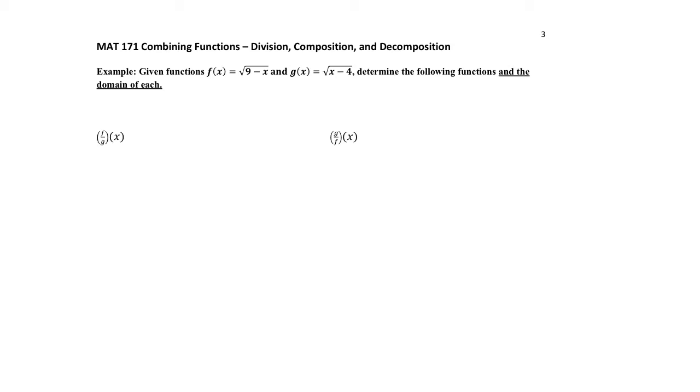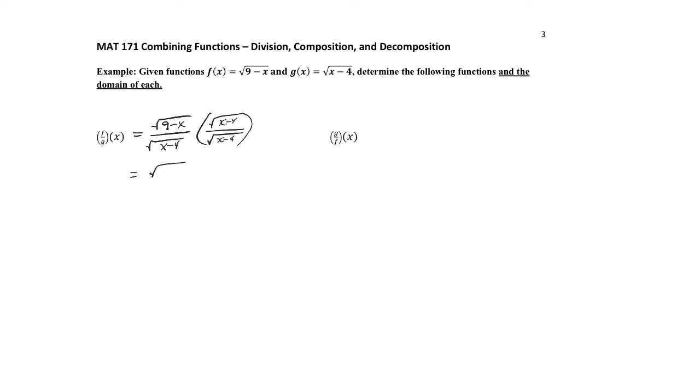So first, we're going to do f divided by g of x. So f divided by g of x is going to be equal to the square root of 9 minus x divided by g of x, which is the square root of x minus 4. Again, I'm not going to leave a radical. I need to rationalize. So I'm going to multiply by the square root of x minus 4 divided by the square root of x minus 4.